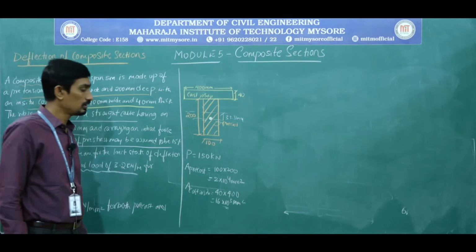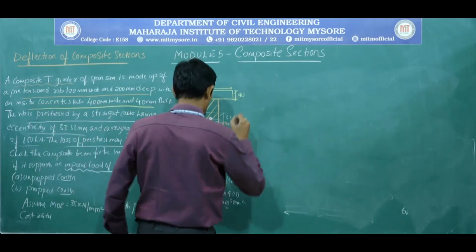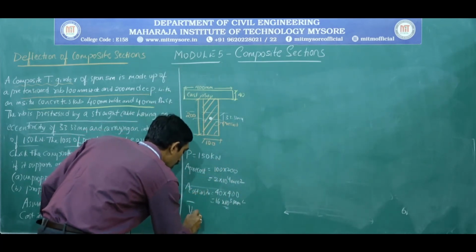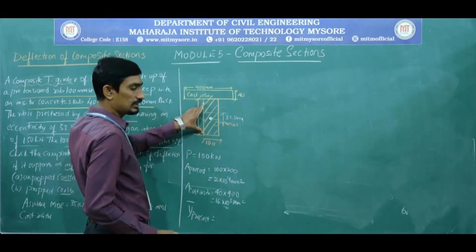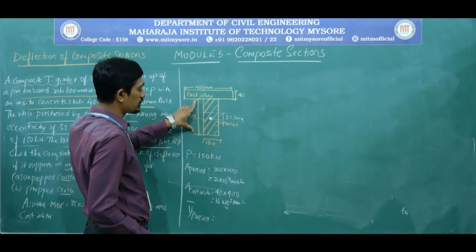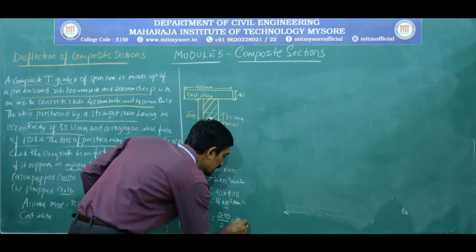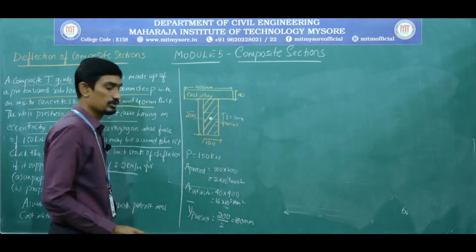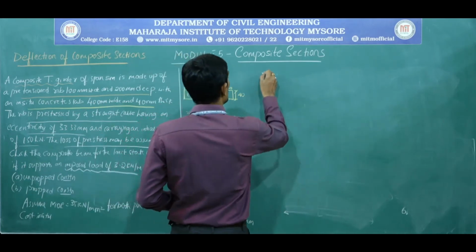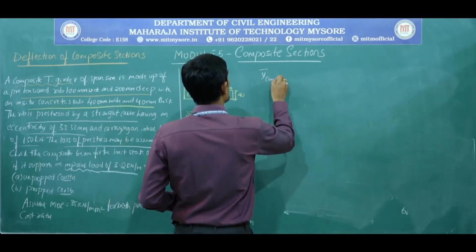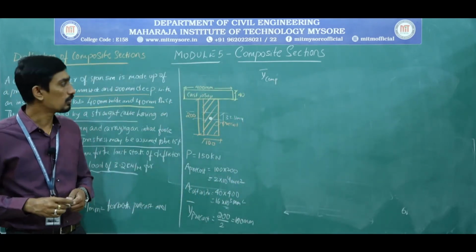Next, the Y bar of precast, the centroidal distance of precast. Since it is a rectangular section and the depth is 200, 200 divided by 2 is 100 millimeter.